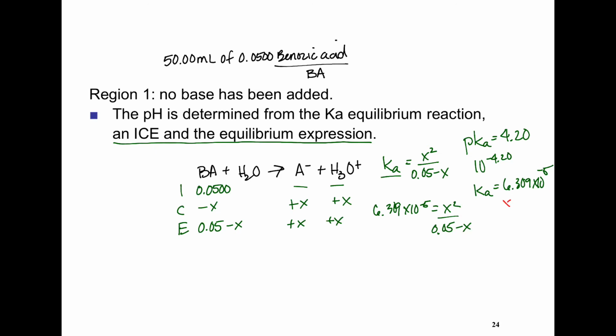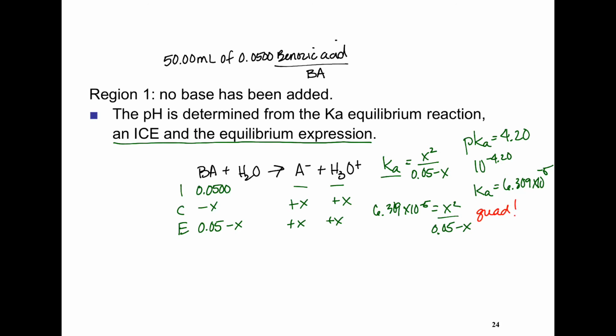But when we multiply this by 1,000, we get 0.06, which is actually higher than our initial concentration. So we can't make that assumption that plus x or minus x is insignificant here, which means that we're actually going to have to do a quadratic equation to solve for x.